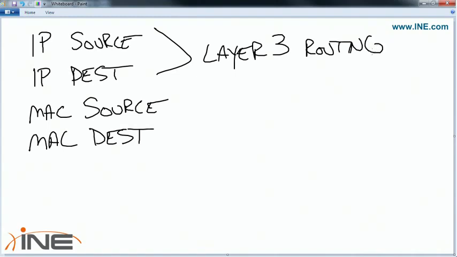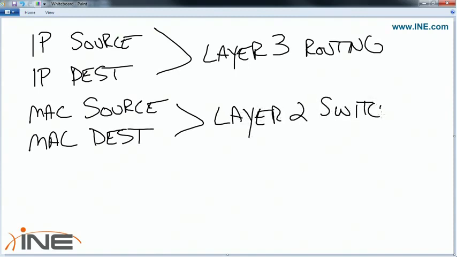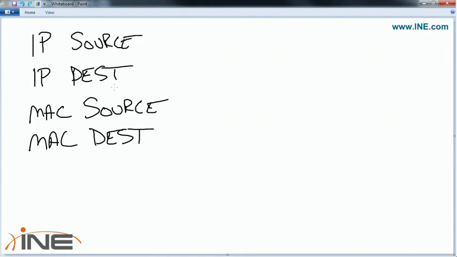So when we look at our layer 3 routing protocols like RIP or EIGRP or OSPF, we're making our decisions on these fields inside of the packet. But the switch is making its decision based on these addresses, the layer 2 switching procedure, the layer 2 MAC addresses. But when router 1 actually builds this frame, it's going to set the layer 3 IP address source to its own address.